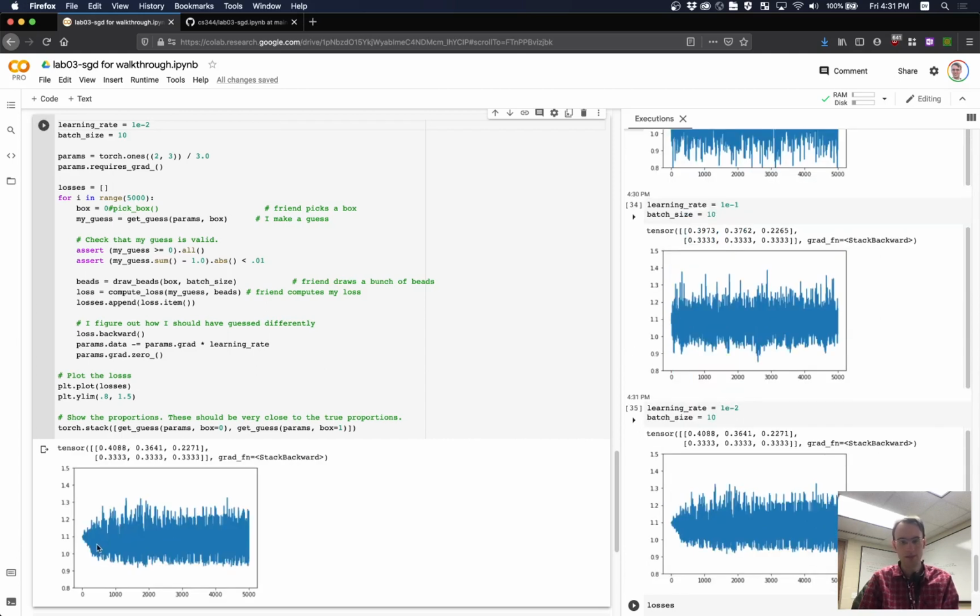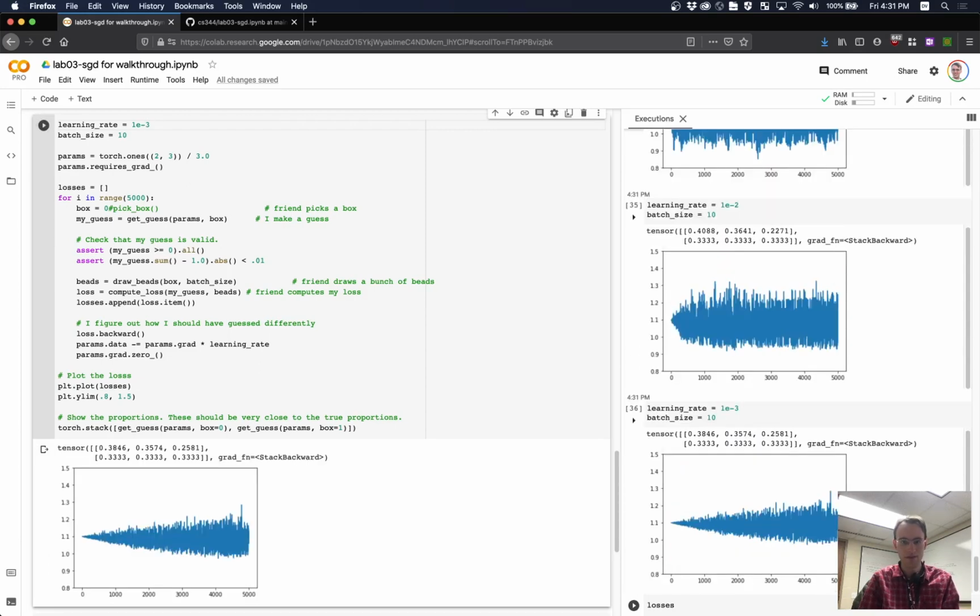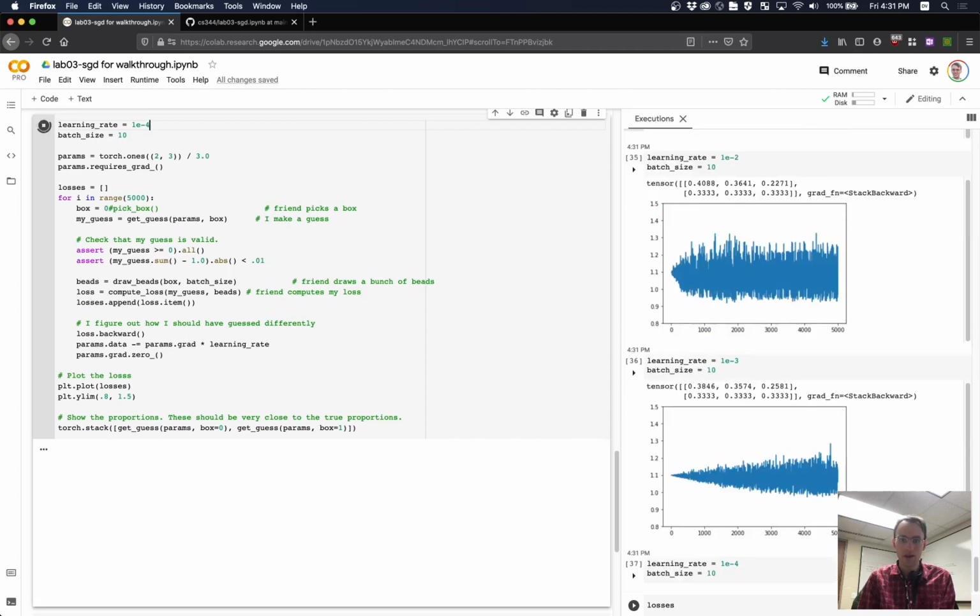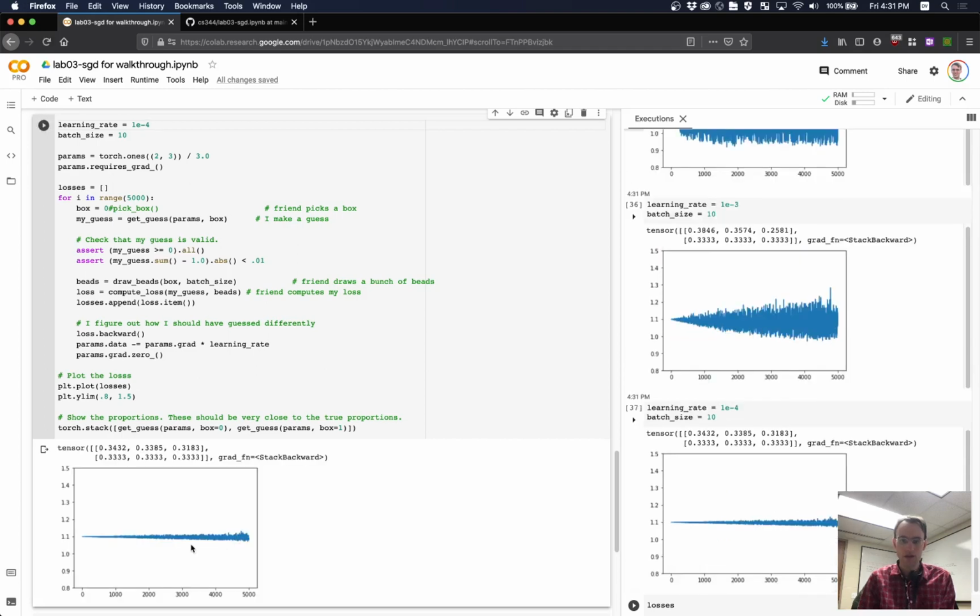Okay, that's already smaller. Learning rate of 10 to the negative 3. Okay, pretty good. 10 to the negative 4. And there's still some variance in there, but we're taming it down a lot.